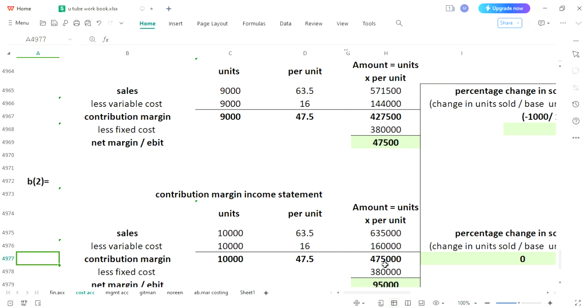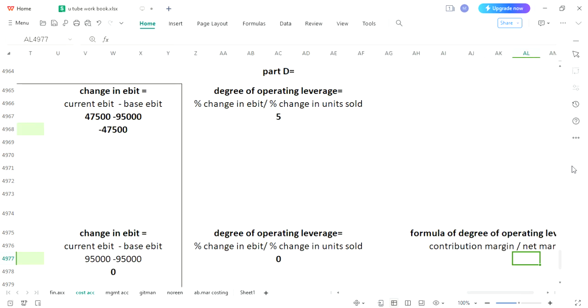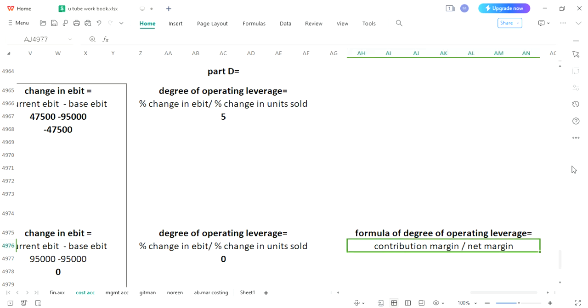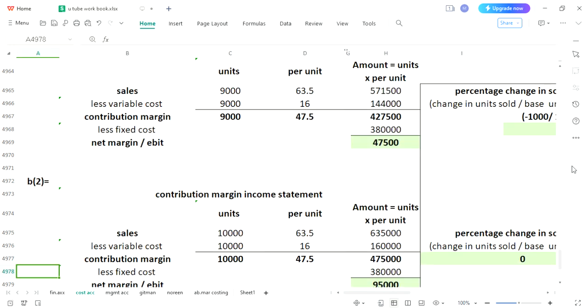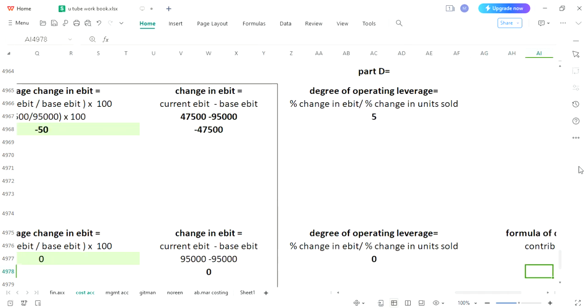Your contribution margin we will note down first, it is 4,75,000. Over here you will put it as this. 4,75,000, I think that is your contribution margin. Let's check it again, 4,75,000, and what we have written is 4,75,000.